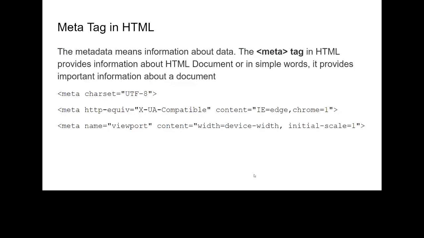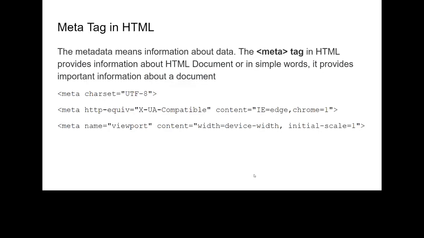Now the http-equiv X-UA-Compatible, the next line, basically defines the meta rules of the web page. X-UA-Compatible defines the Internet Explorer version that the web page should render to. The next one is viewport and content. Viewport basically defines the dimension and scaling of your page.